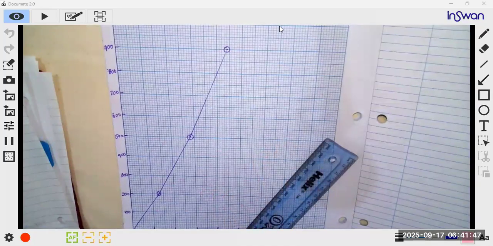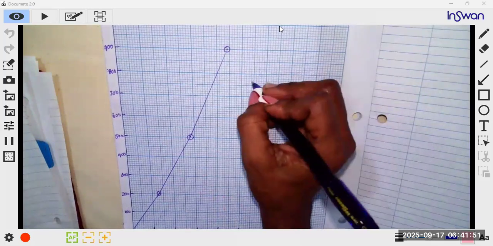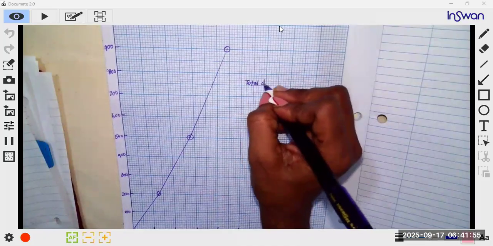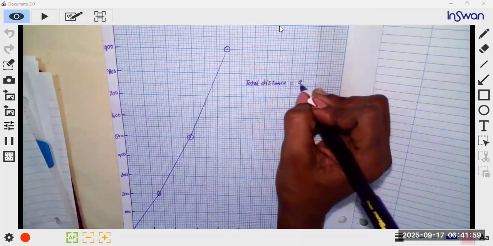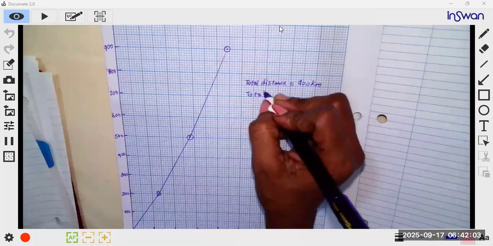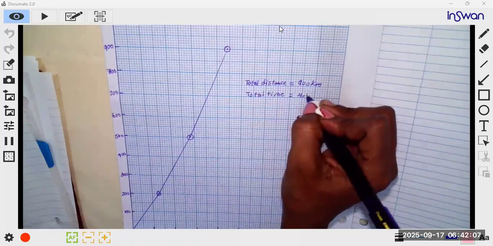My total distance, first of all, I could get from this. Total distance equals 900. Total time is 4.4 hours.